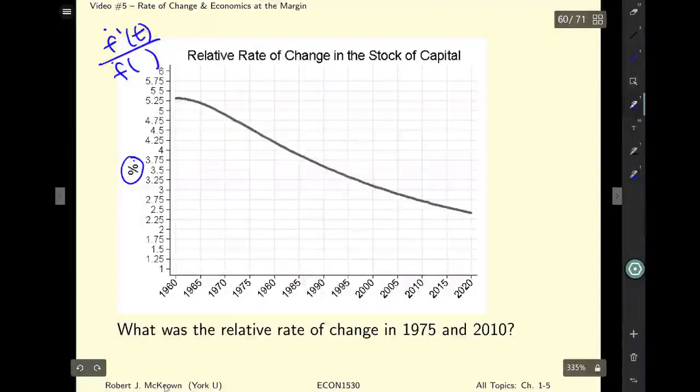I could use t here as well, since the relative rate of change, like the capital stock itself and the rate of change of the capital stock, is a function of time.